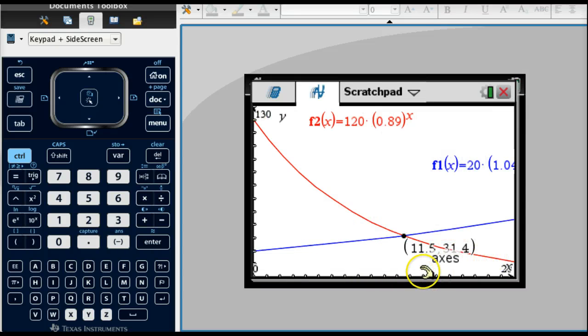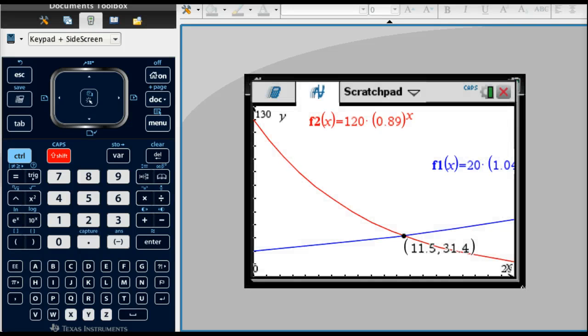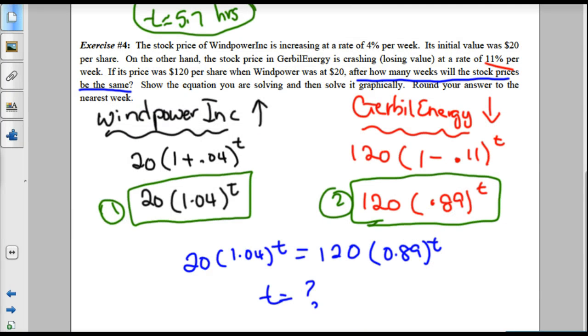Click on it and it tells you your intersection is at 11.5 comma 3.14. So I'm actually going to screenshot it, but this is what you should be sketching, putting this graph with the intersection onto our paper.